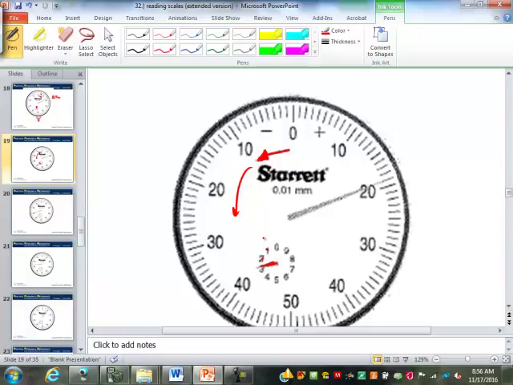So there are 2 pieces of information we have here that we didn't have on the last one. First of all, this is going in the negative direction, so this is a negative measurement. And there are 2 whole millimeters. So it's -2. Then after the decimal point, this looks like it's sitting on a 19, but it's not. Can you tell me why? It's going the other way. So this is 10, 20, 30, 40, 50. You can see it goes 10, 20, 30, 40, 50 in both directions. So after the 50, we've got to count up: 50, 60, 70, 80.